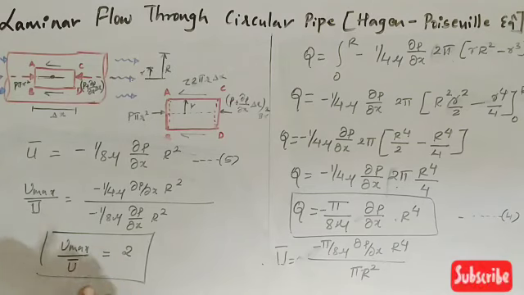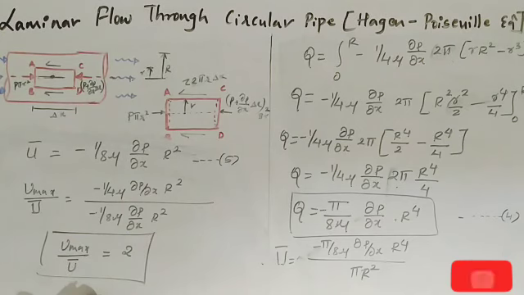So generally, up to this point will be asked in the examination. For example, the question will be like this: derive that the maximum velocity to average velocity ratio is 2 for a laminar flow through circular pipes. If they ask in the examination, this will be for 10 to 12 marks.